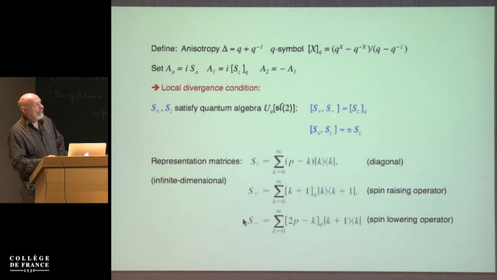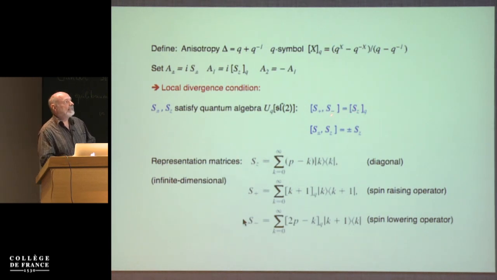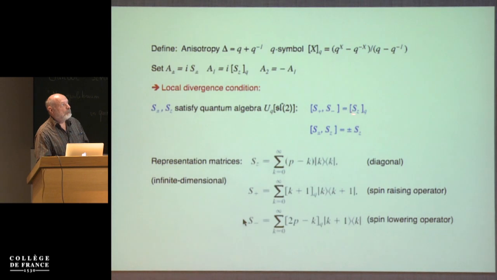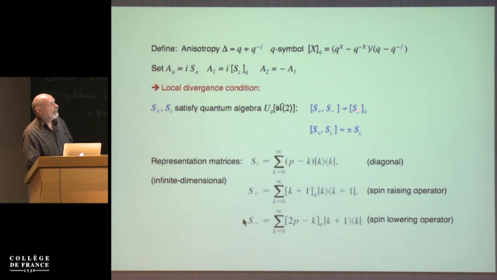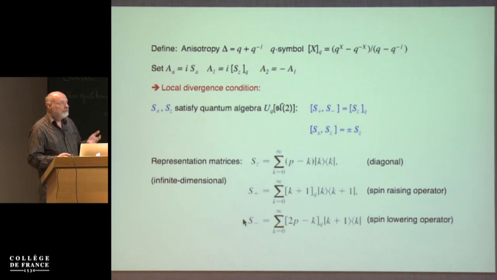So it's almost like the, and there's another typo, I apologize, it should be 2 times SZ here. So the commutator of S plus and S minus, in the normal SU2, would be just 2 times SZ. But here it's the q number, the q expression of 2 times SZ. And the commutator of SZ with S plus and S minus is just the usual one, as in SU2. Okay, so this will solve our equation.